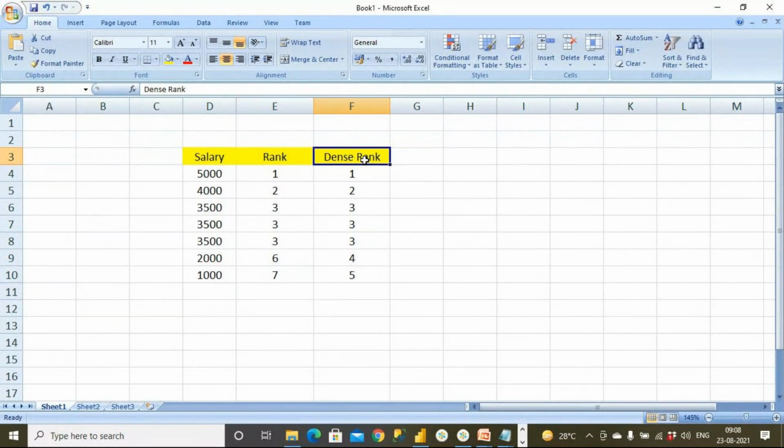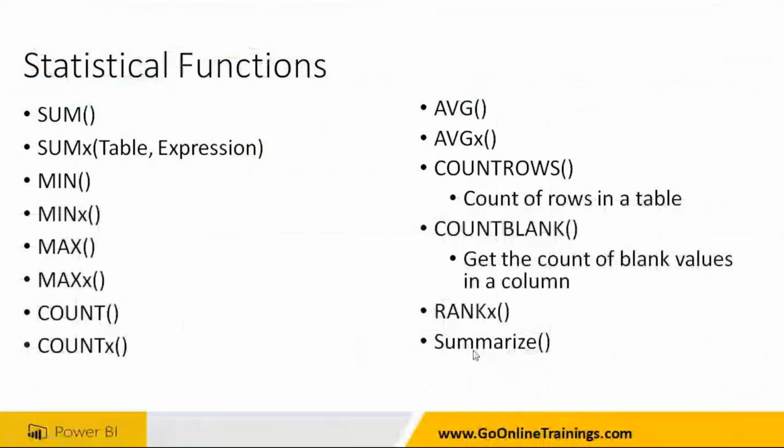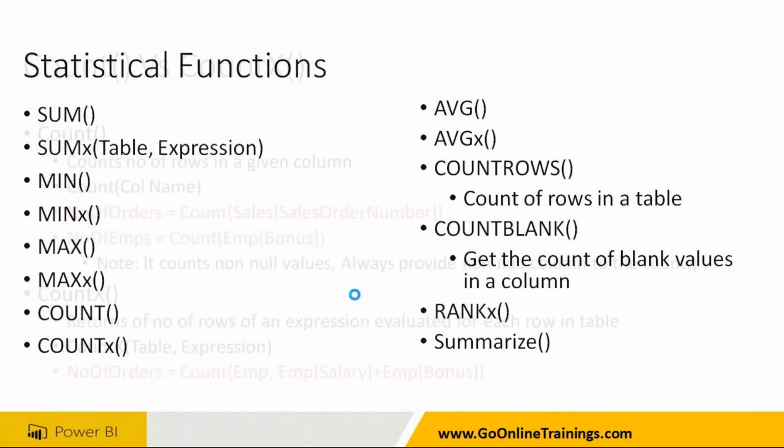You should know clearly the difference: when you have duplicate numbers, rank will give you the same ranking, but the next rank will get skipped, while dense rank continues the ranks. Clear? These are available in SQL Server also. The same thing is available here as well. We don't have RANK, we have the RANKX function.